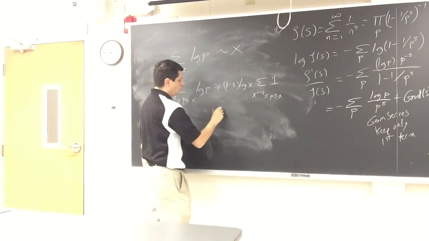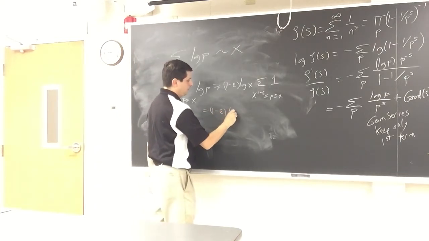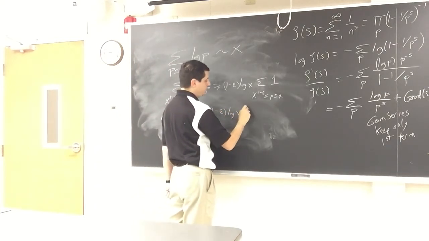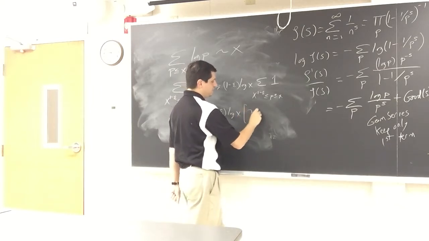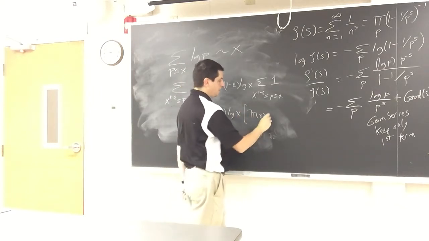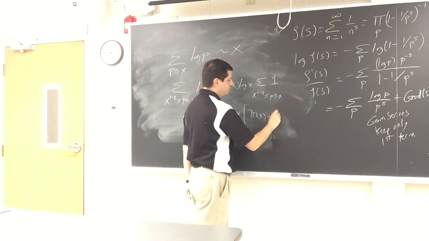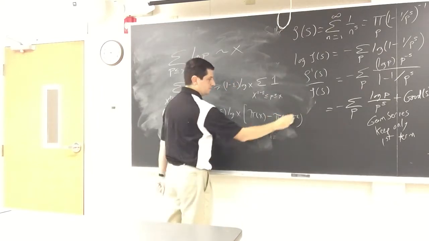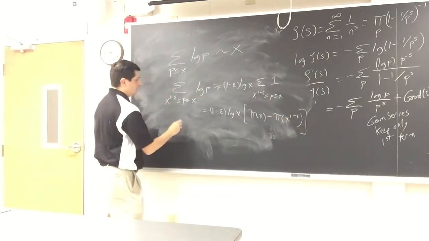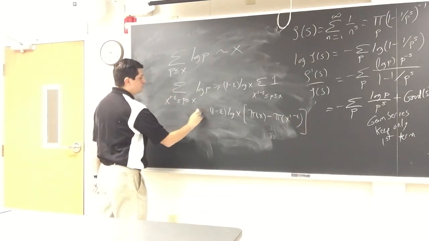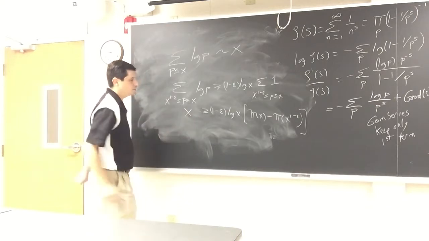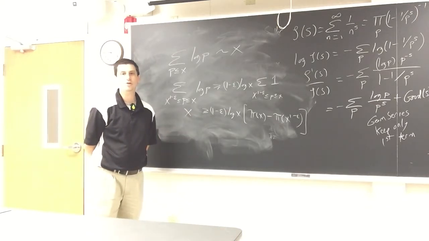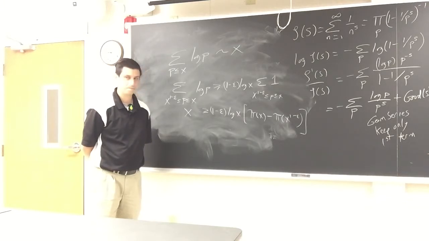Well, this is 1 minus epsilon log x, and this would be the number of primes at most x minus the number of primes at most x to the 1 minus epsilon. And we know that this is at most x. I could go the other way and get upper bounds and whatnot. I'm just going to try to get a lower bound for pi of x.